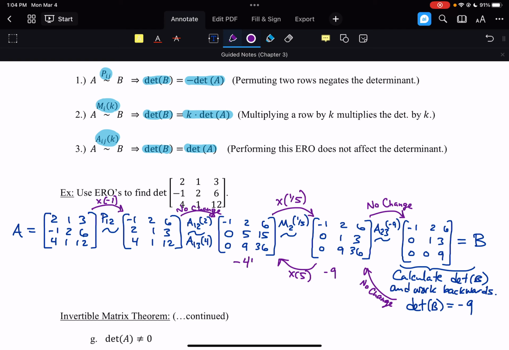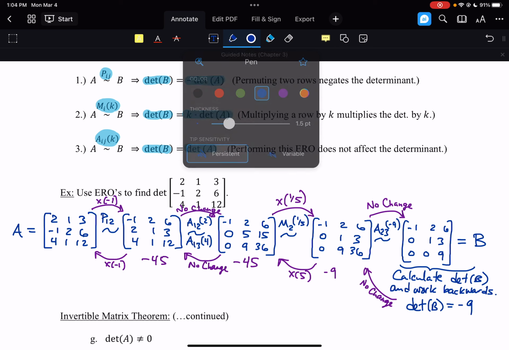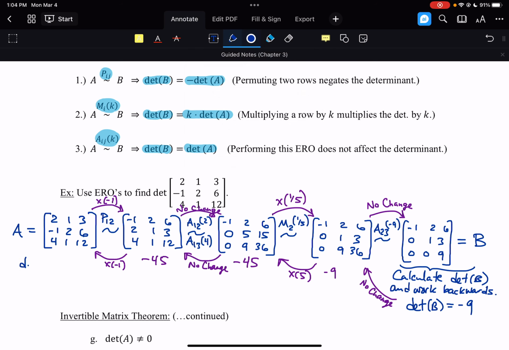So that's going to be negative 45. No change was made here, so still negative 45. And then it was multiplied by negative 1, so we need to undo that effect. So we get the determinant of A is positive 45.